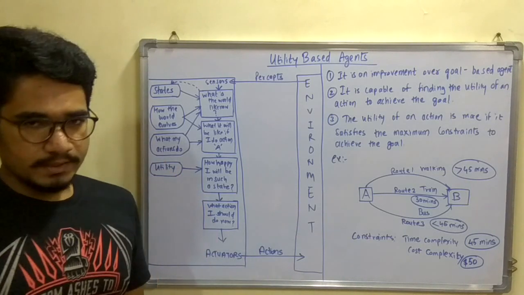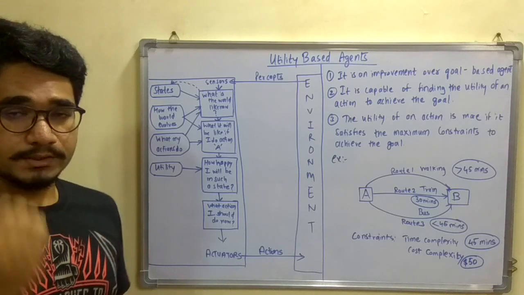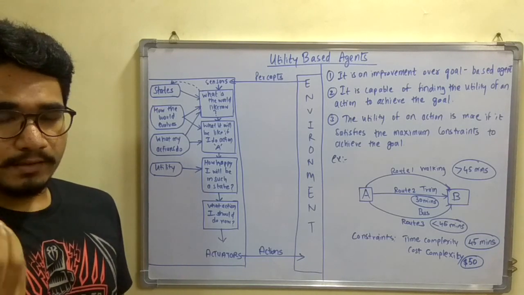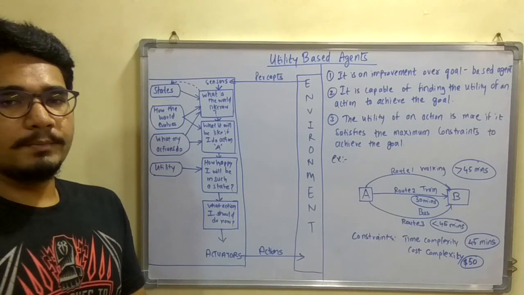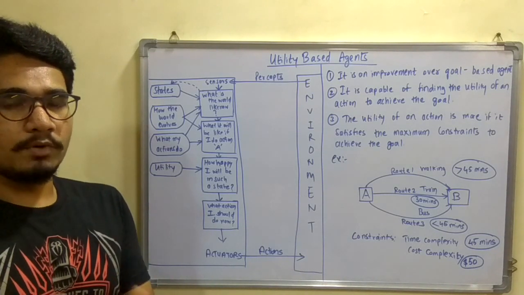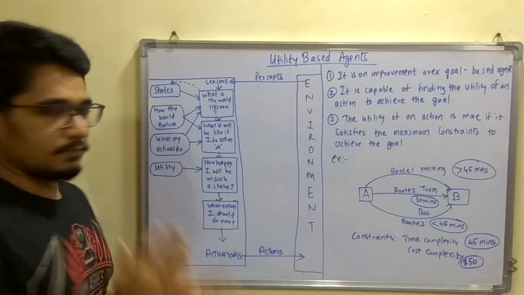So many constraints are actually contained in this utility. So we have to satisfy those constraints maximally and reach the goal. If you consider only minimum constraints, you may take more time, or you may pay more cost to reach your goal. So that actually comes in this utility.